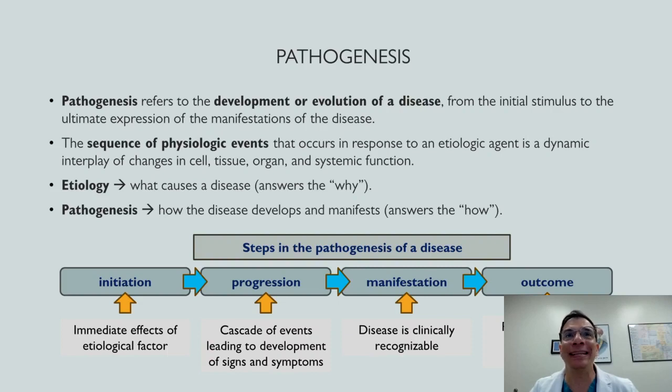Now, going deeper into this pathogenesis, we have to mention that even before the people are exposed, even before the initiation, there are some factors that have to do with the pathophysiology that we need to understand.